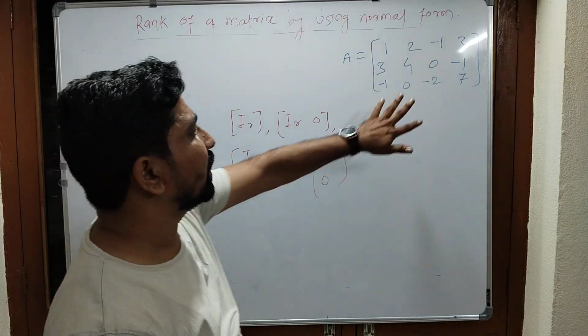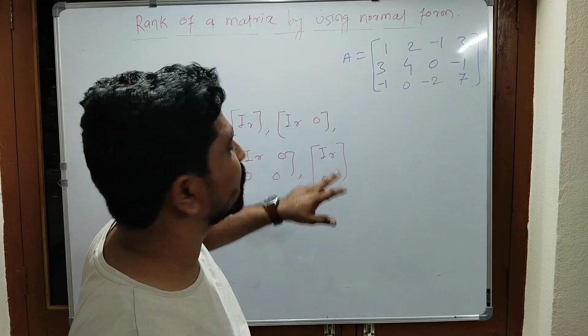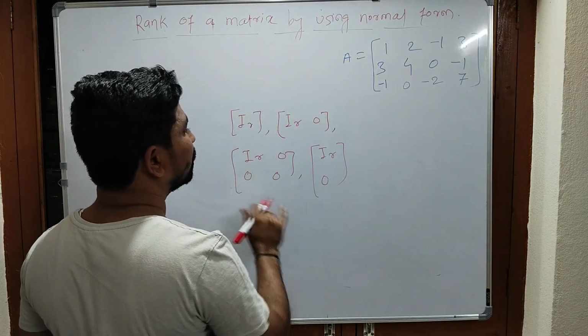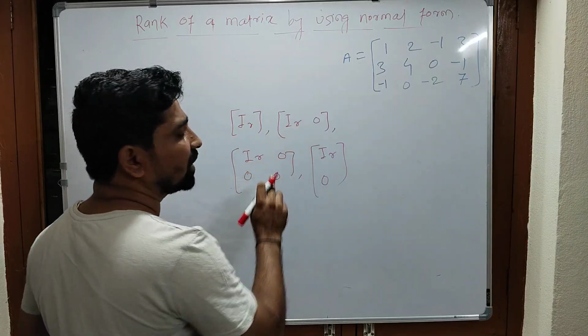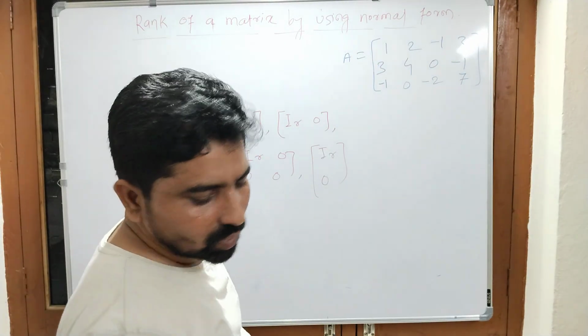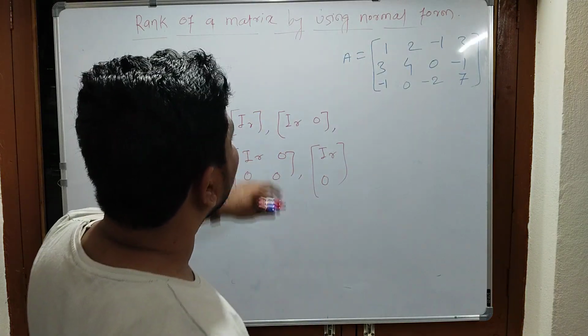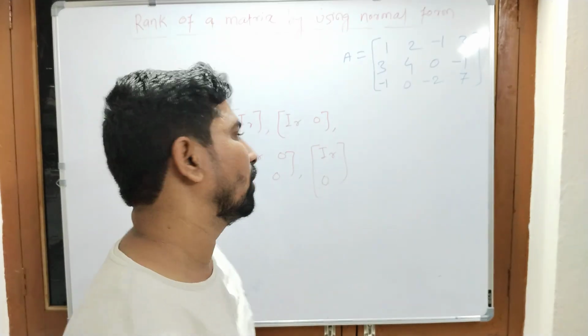I want to convert this matrix into one of these forms. After converting my matrix into one of these forms, whatever r comes here in I_r, this r is the rank of my matrix. How do we convert this matrix into normal form? By using elementary row operations or elementary column operations.